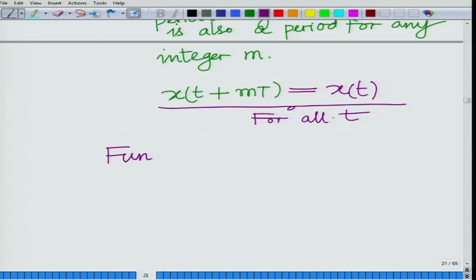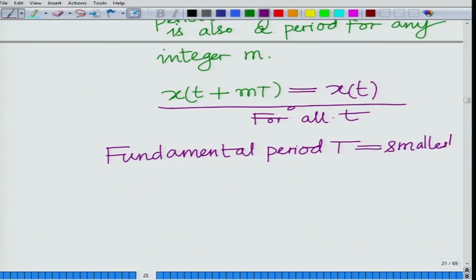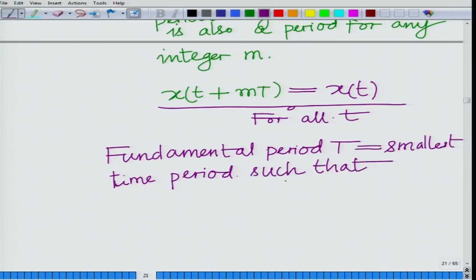Therefore, the fundamental period T is the smallest positive number, not integer, let us put it this way, it is the smallest time period such that x of t plus T equals x of t holds for all t.